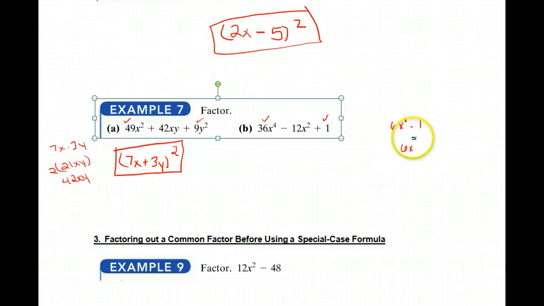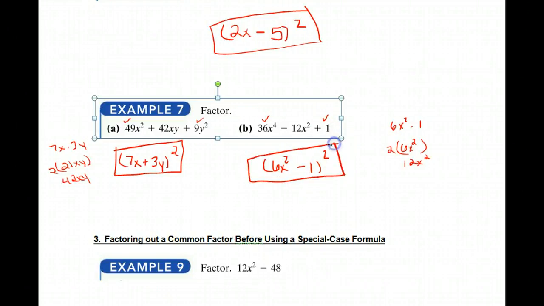So then we have 6x squared doubled, and we get 12x squared, another perfect square trinomial. So we're allowed to have a quantity squared. The square root of the first is 6x squared, the square root of the last is 1, and the sign in the middle is negative.